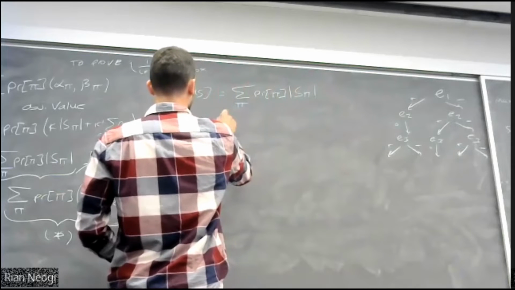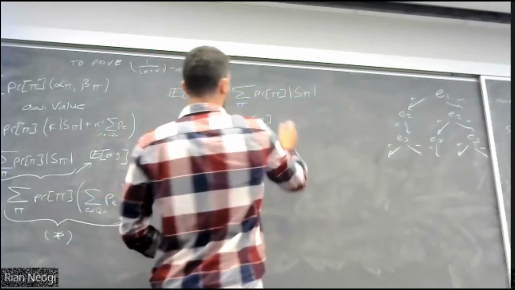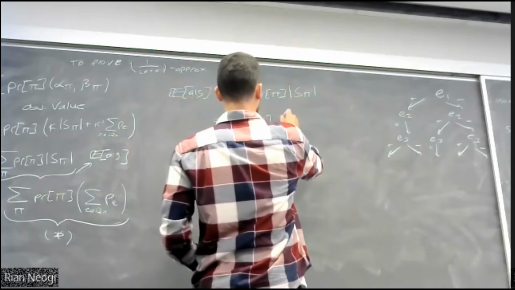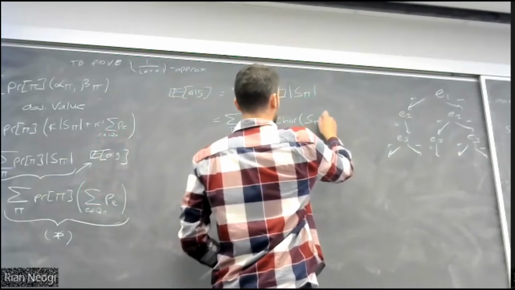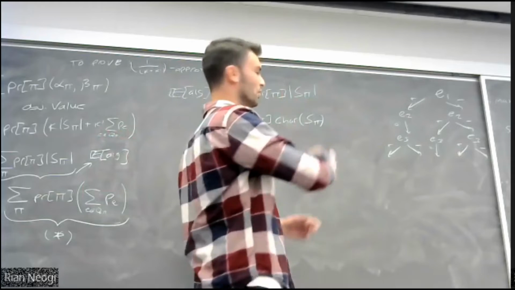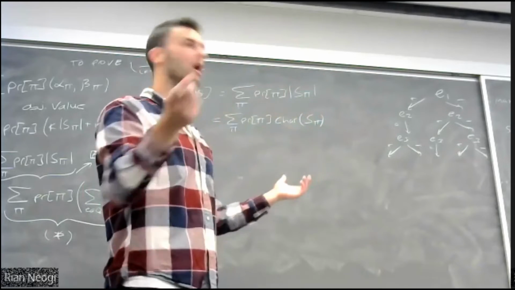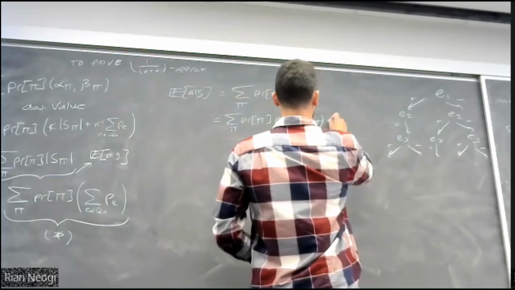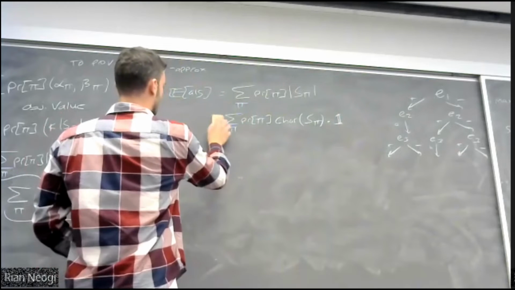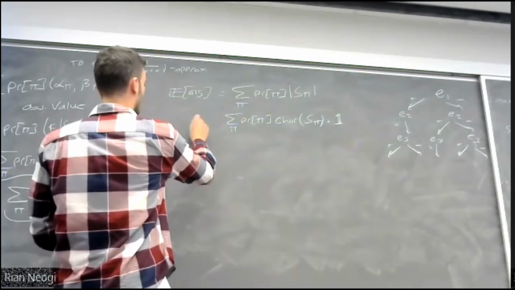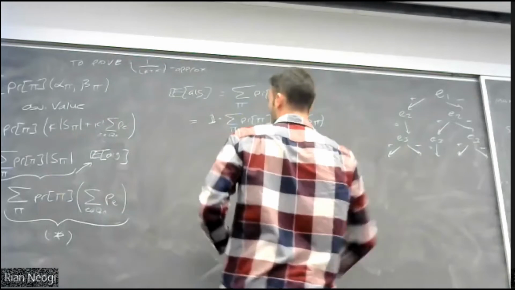And I'm going to rewrite this: instead of writing the number of elements chosen, I'll write the characteristic vector for the set of elements chosen, with a 1 in position E if E was chosen and 0 otherwise, dot product with the all ones vector. The reason I did this is that then I can take the dot product out by linearity.